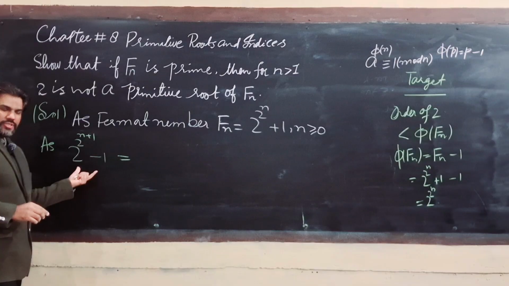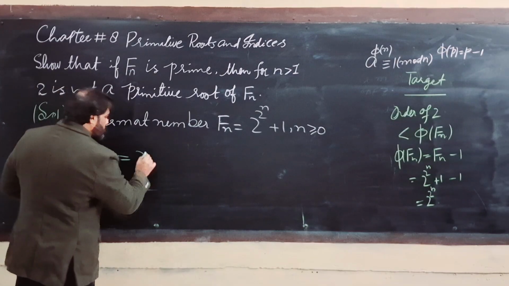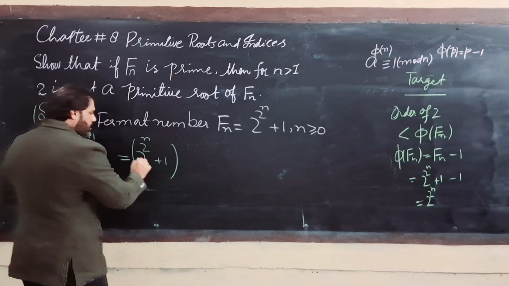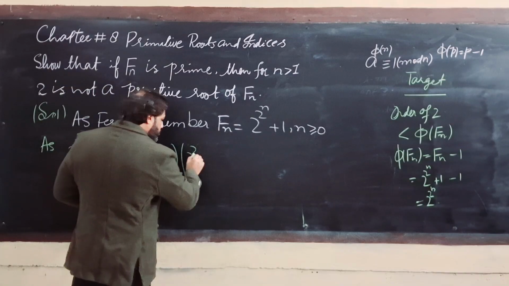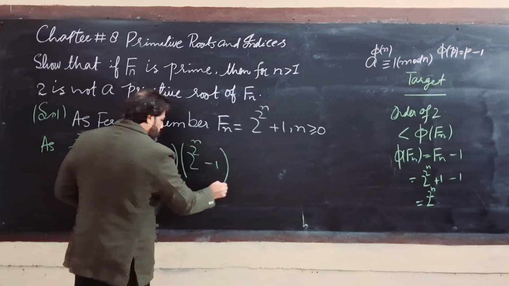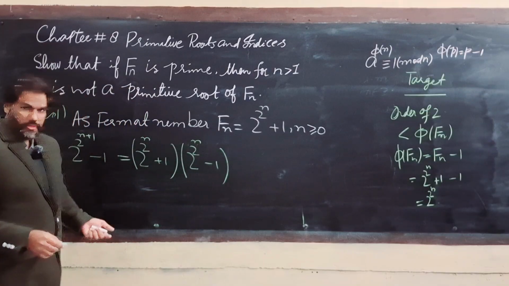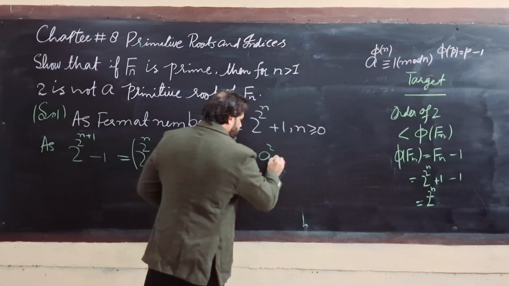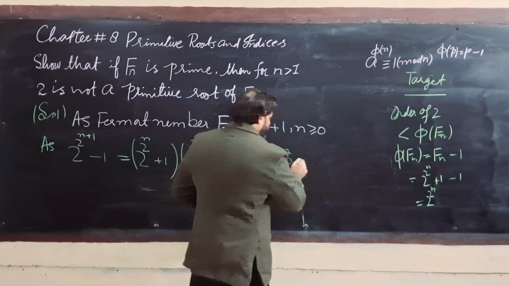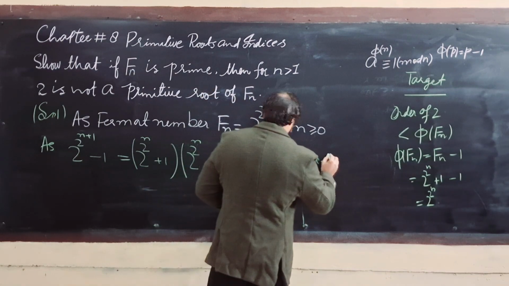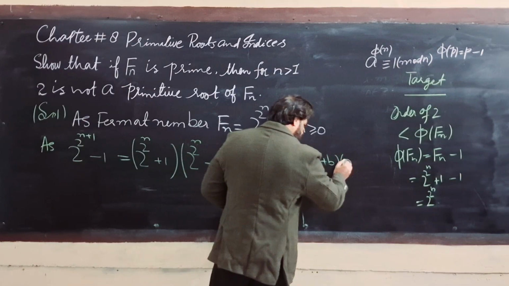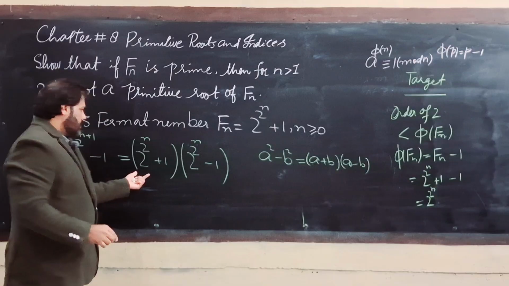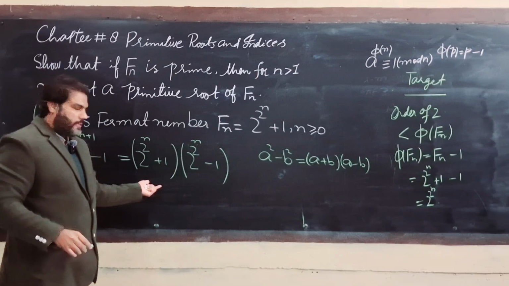This whole expression is equal to 2 raised to power 2 raised to power n plus 1 into 2 raised to power 2 raised to power n minus 1. You can verify this expression just by using the simple formula a squared minus b squared, which is equal to a plus b into a minus b. I hope you can verify this.